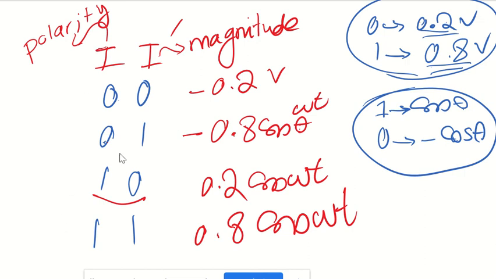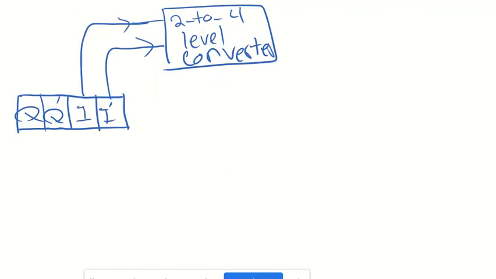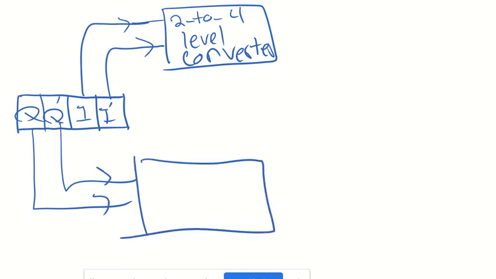So it will convert it to whatever it is. That's why it's called a 2 to 4 level converter. Same thing here. You have 2 bits, you can have 4 different combinations, so you have another 2 to 4 level converter.